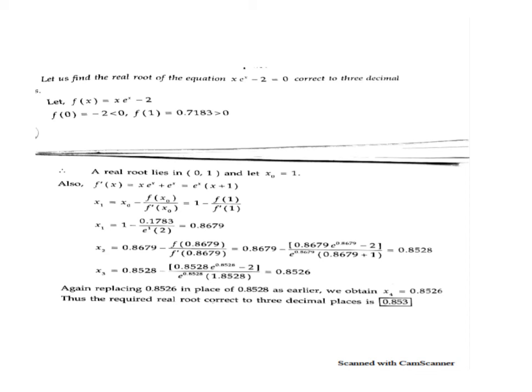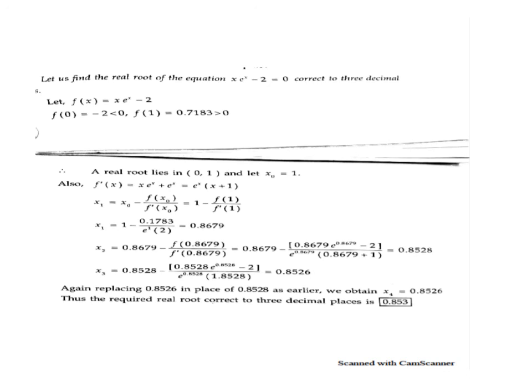Now use this x1 value to calculate x2. Again we have to find the value of the function and also the value of the derivative of the function. That is, x2 is given by 0.8679 minus f(0.8679) divided by f'(0.8679). So put the value of x in the function, divided by the value of x in its derivative.